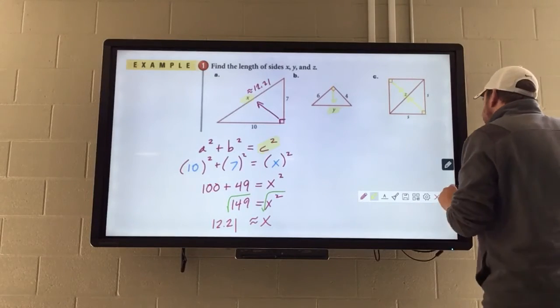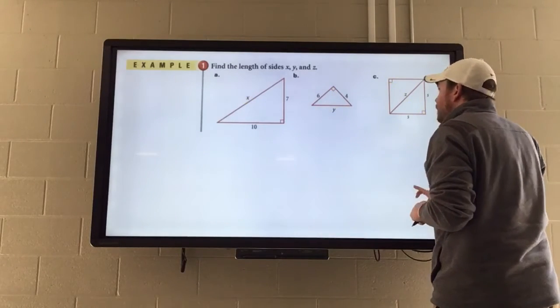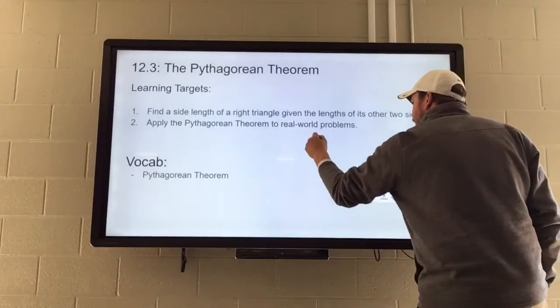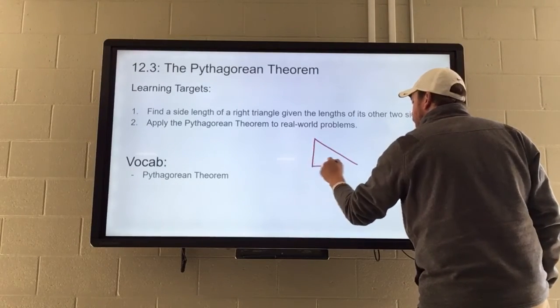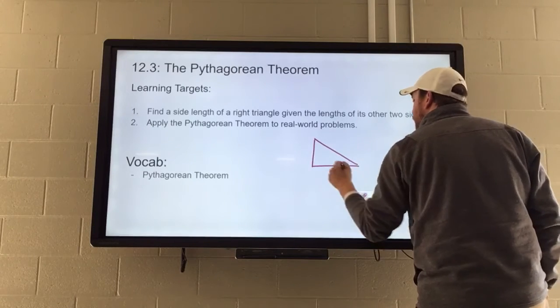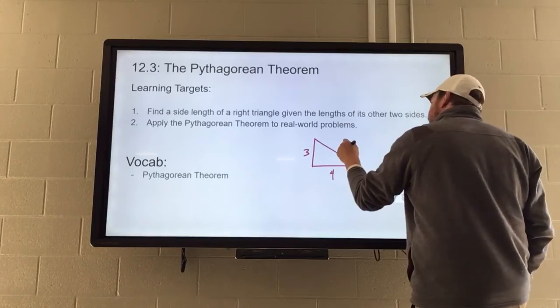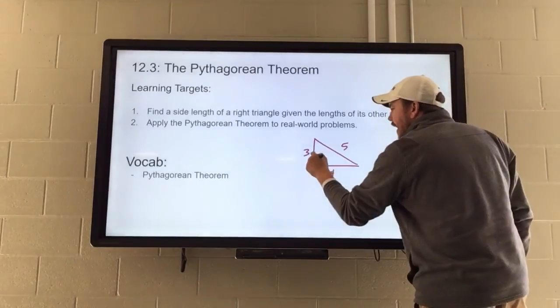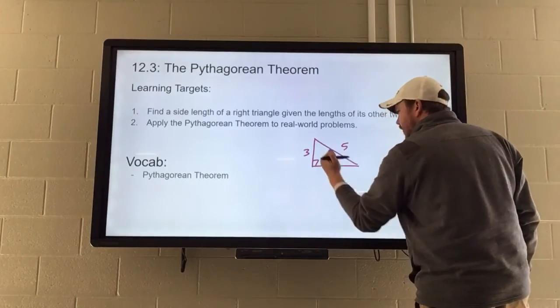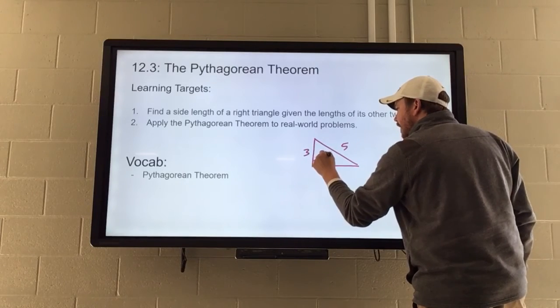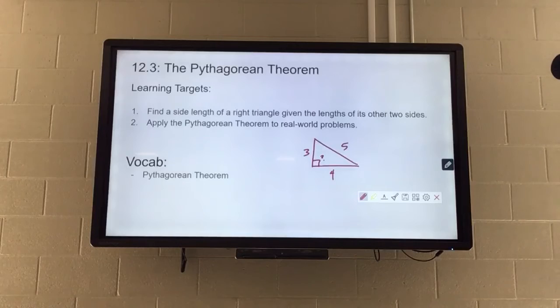Now, we can use another version of the Pythagorean Theorem, like this. Let's say I give you a triangle. And this triangle, just keep it simple, we'll say this side length is 3, this side length is 4, this side length is 5, and I'm asking you, is that a right angle?